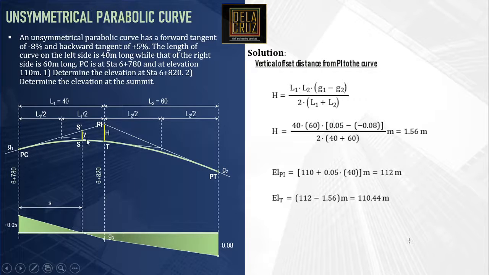To calculate the difference in elevation, we can just take the value of Y. Therefore, first we need to calculate the elevation of S prime, considering the vertical offset distance of S prime and PC. Then S prime minus Y would be the elevation of the summit S. So how do we solve the value of Y?